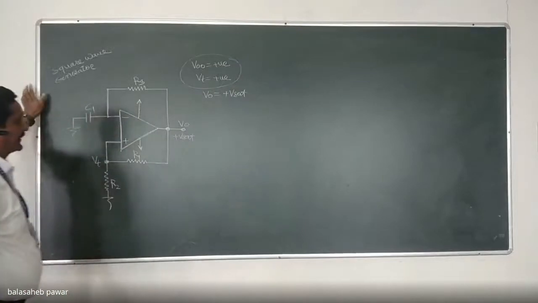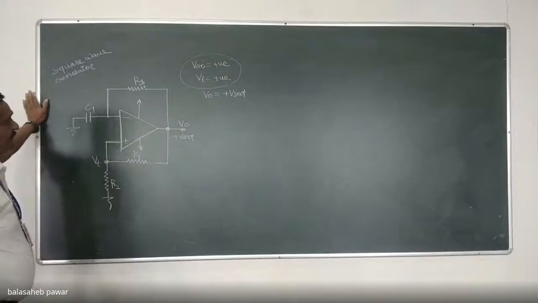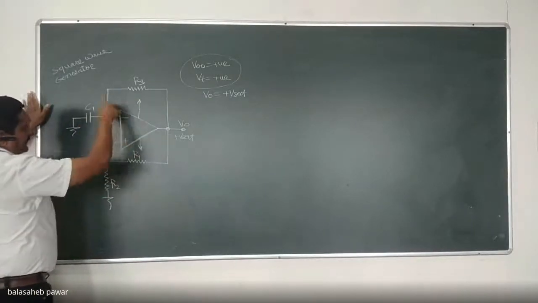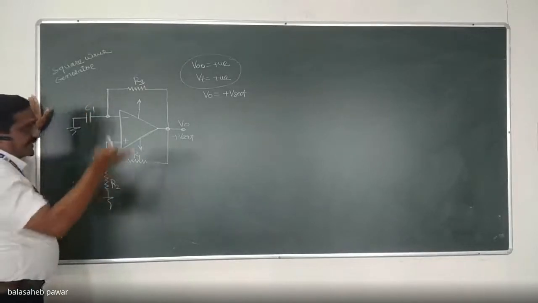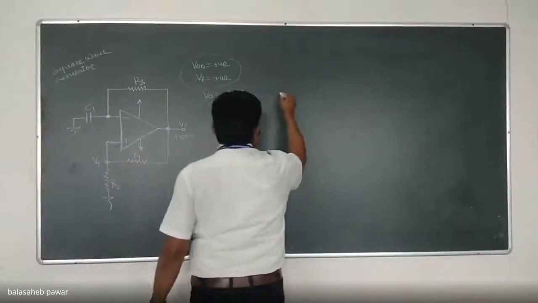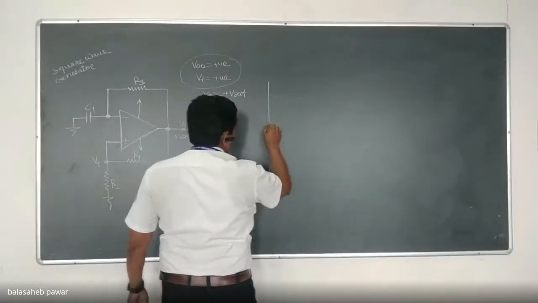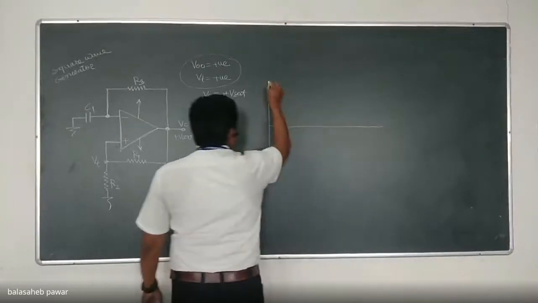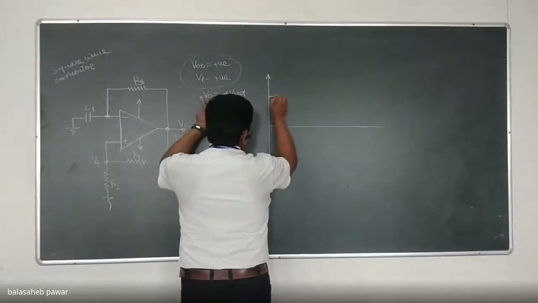Now see, when that output gets forced to plus Vsat, what will happen with this capacitor? As there is a feedback resistor connected over here, the capacitor will start to charge. I will show that waveform so that it will be very clear to you. Initially, I consider that the output voltage gets forced to plus Vsat like this.